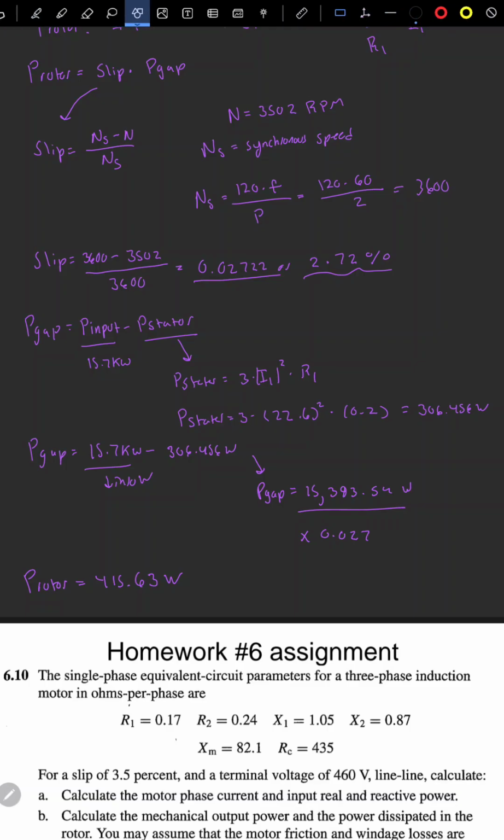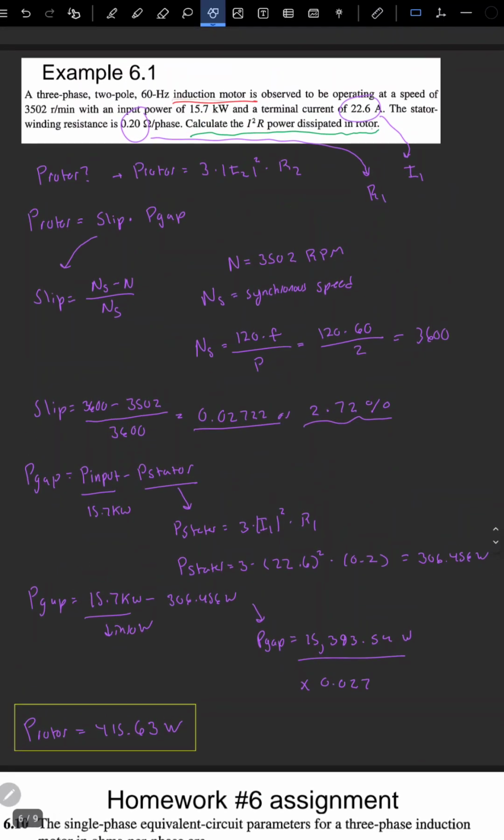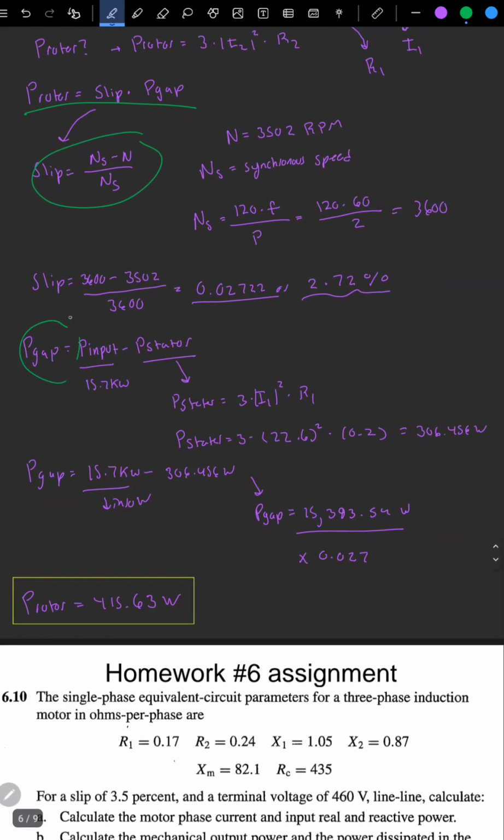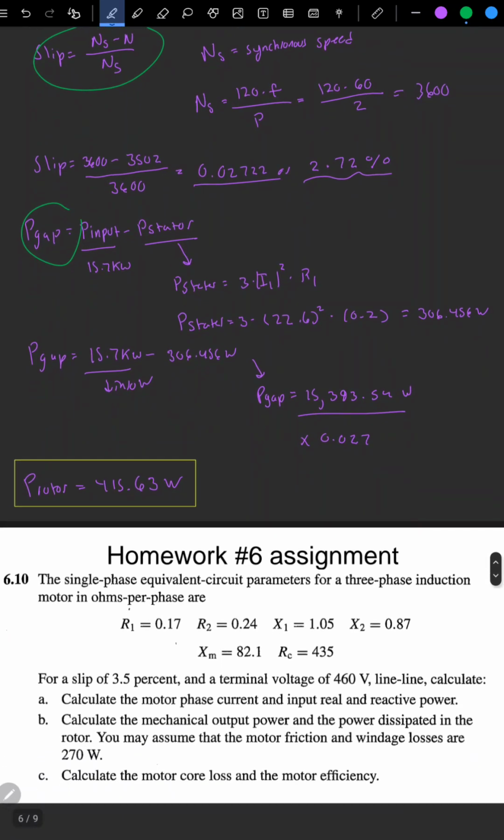And that will be your final answer. Basically, to summarize, we went over this equation, we found the slip, and then we found the P gap, and then we multiplied the two to get that.